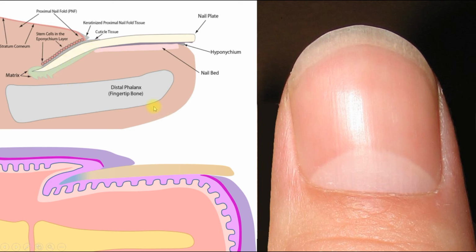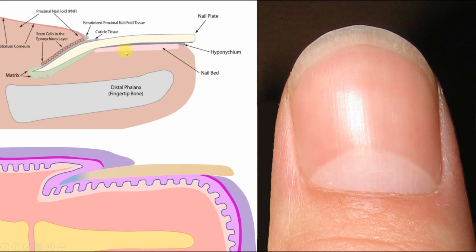In some cases, on some fingers, the matrix is visible as a hemilunar or semilunar shape. It's located here near the base of the nail. Also, we have a fold of keratinized layer. It forms the cuticle. It's located here, and the nail plate.